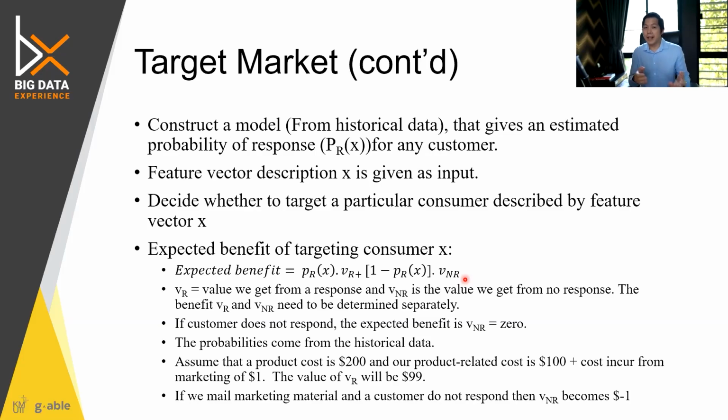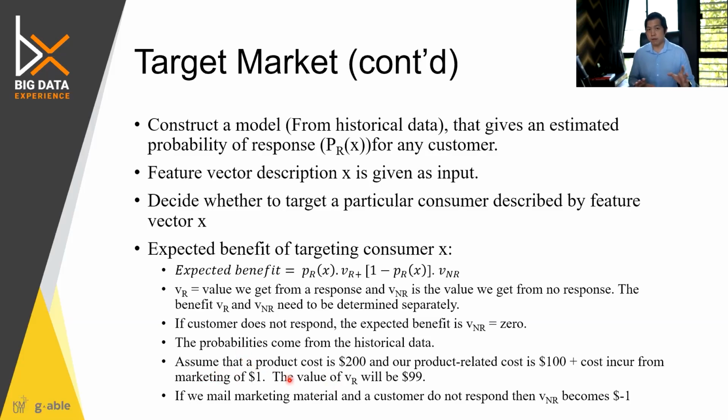It can have negative value, meaning a cost. If we get a response we get VR, and if we do not get a response we get VNR. Suppose that if the customer does not respond, we get VNR equals 0.